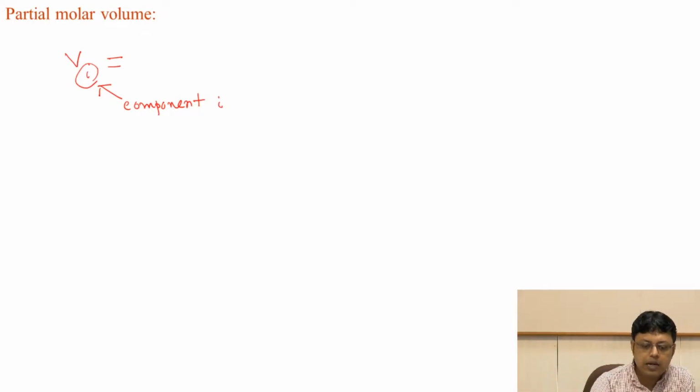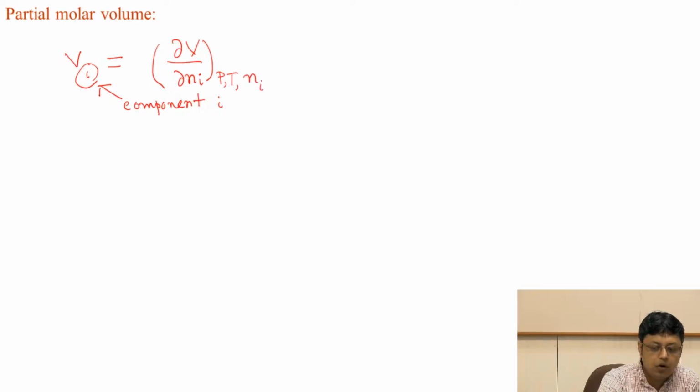For any arbitrary component I, we ask how the volume changes if we keep adding component I, or change the number of moles of component I, at constant pressure, temperature, and all other components, which I denote as Nj, where j is not equal to i.